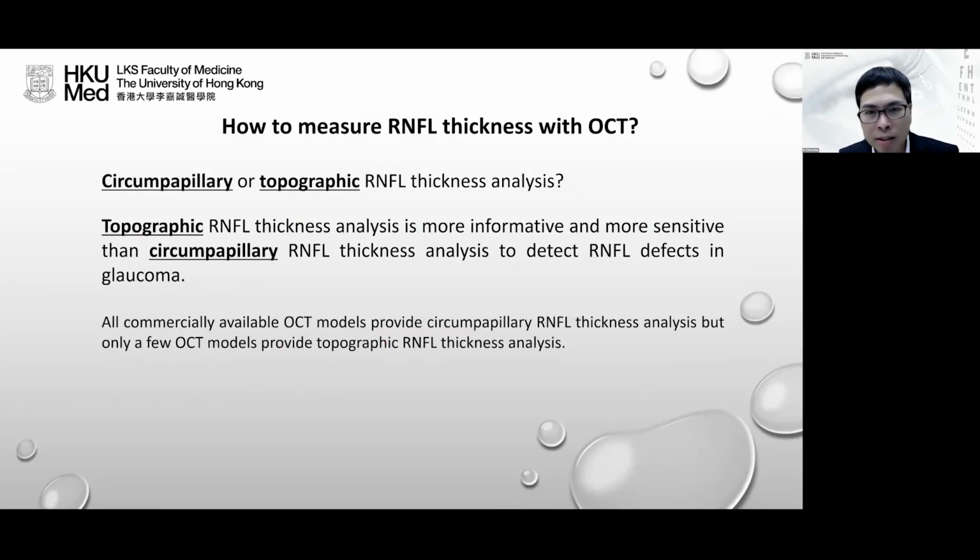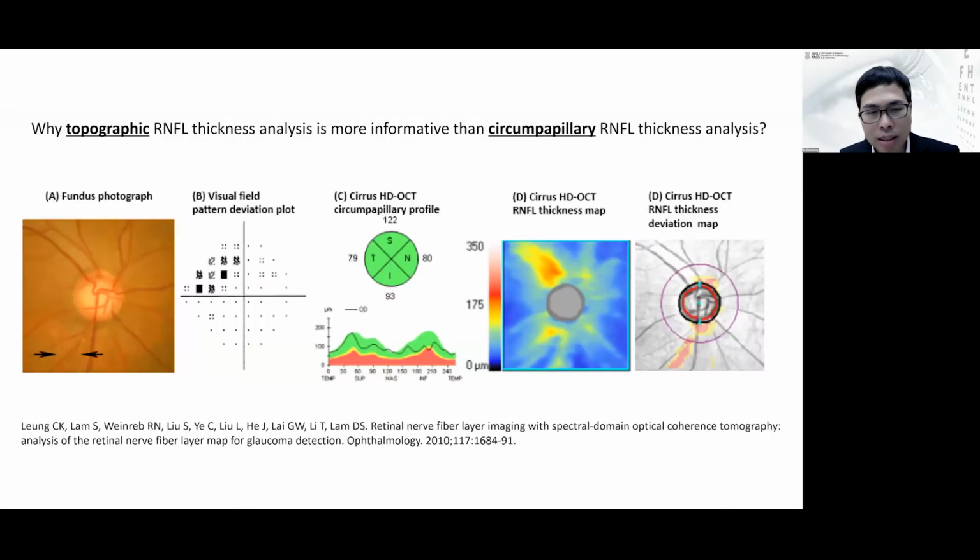Topographic retinal nerve fiber thickness analysis is actually more informative and more sensitive than circumpapillary retinal nerve fiber thickness analysis to detect retinal nerve fiber defects in glaucoma. The reason is that a lot of the time, retinal nerve fiber defects, especially if they are early or focal, can be missed by circumpapillary retinal nerve fiber layer measurements.